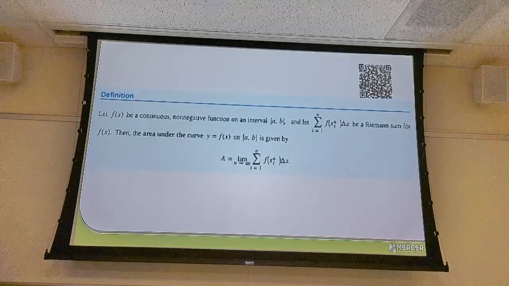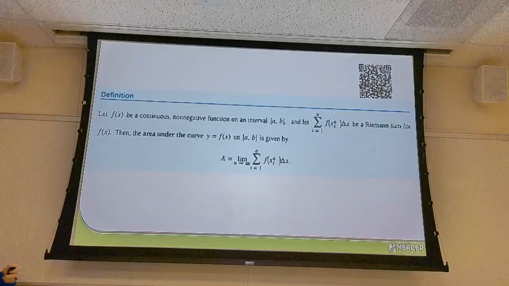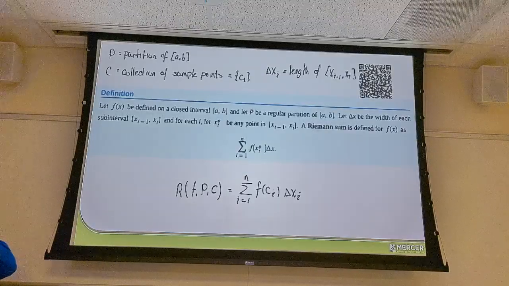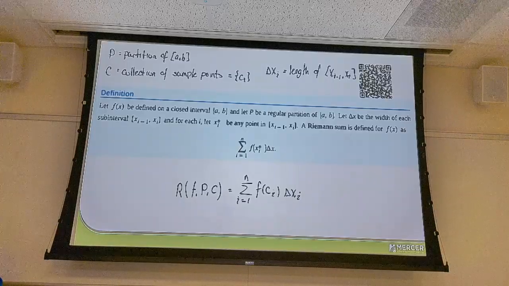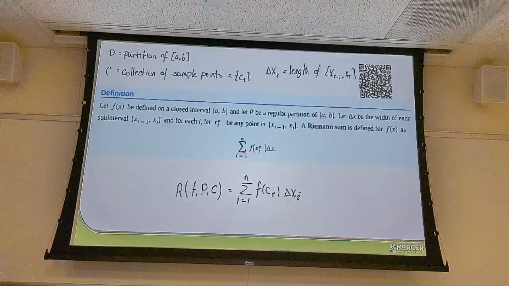What we find is if we let the number of subintervals increase, so we're letting the rectangles get smaller, that means the number of rectangles you have is getting larger. Well, that means the number of subintervals you have is getting larger.